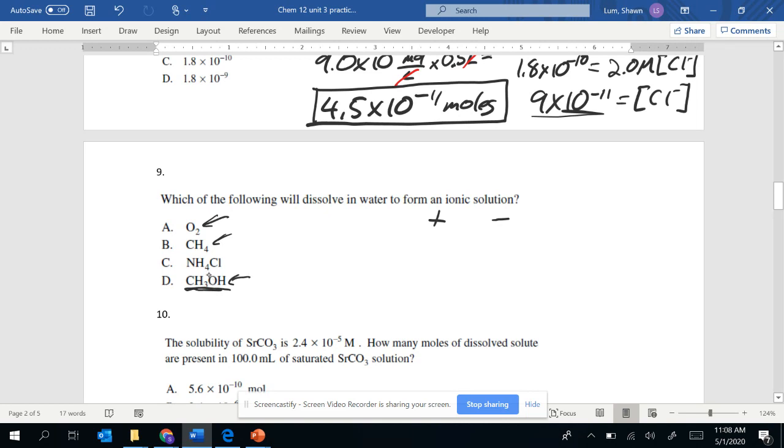This is covalent. That's a covalent bond. This is methane. That's a covalent bond as well. And this is oxygen. Technically speaking, oxygen gas, O2, those are sharing electrons. That's covalently bonded as well. This is the only one that's ionic.